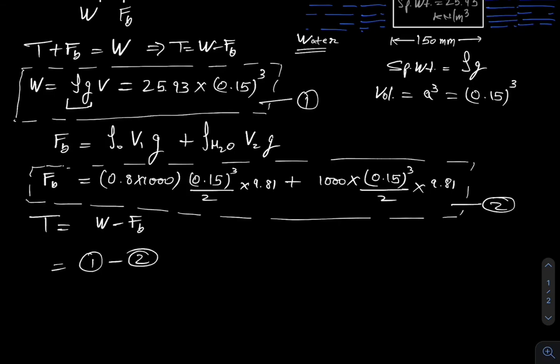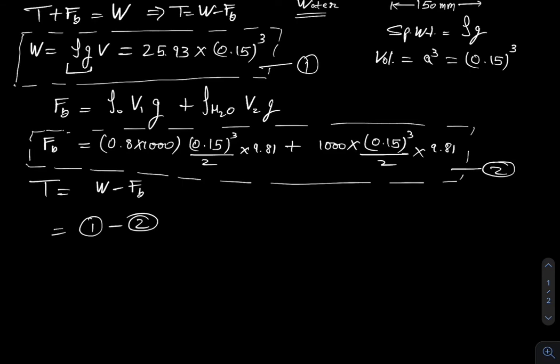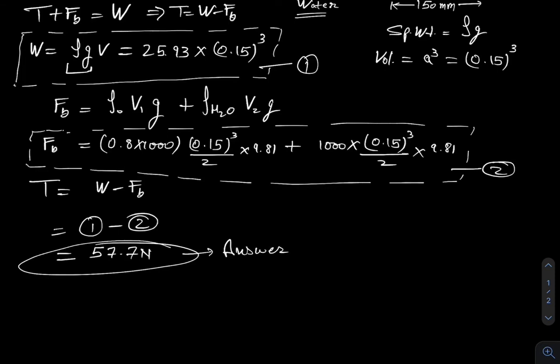When we put the values and calculate, the tension will come out to be 57.7 Newton. This is the answer, the tension in the string that we wanted to calculate.